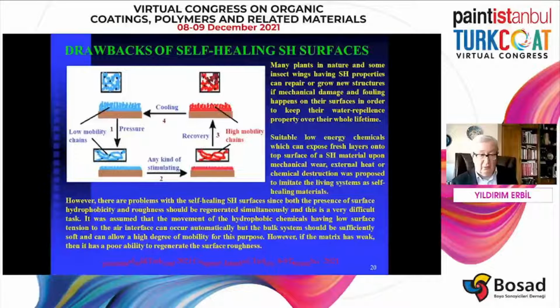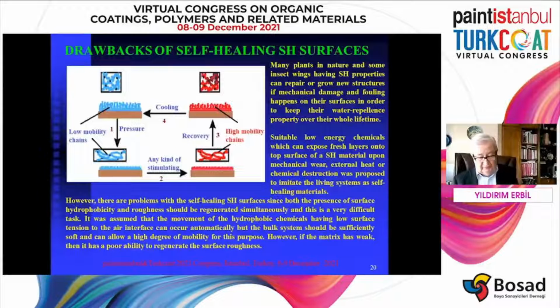And there are drawbacks of the self-healing surfaces. Now, in nature, many superhydrophobic plants and some insects can repair or grow new structures if mechanical damage and falling happens. So they try to apply the same method to synthetic superhydrophobic surfaces.